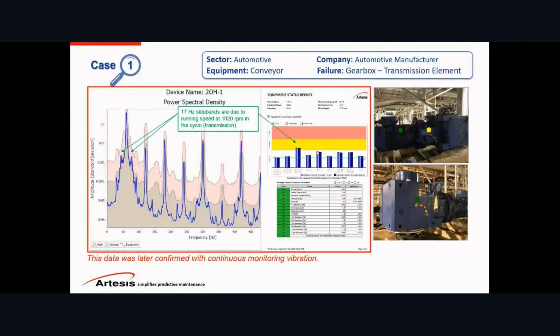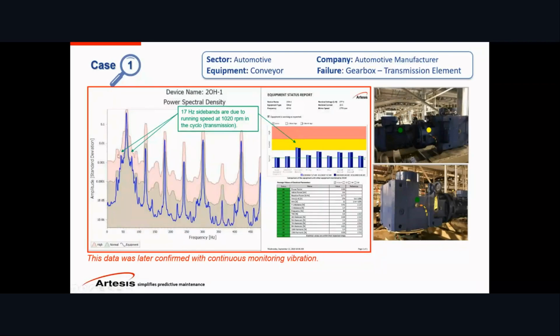So after that first initial learn period, we were able to see that there was a transmission which was automatically diagnosed here. The transmission was a gearbox. This was a reduction gearbox, 90-degree angle.